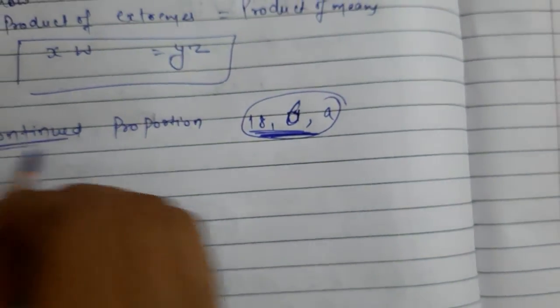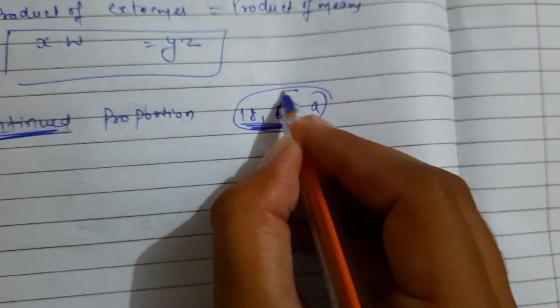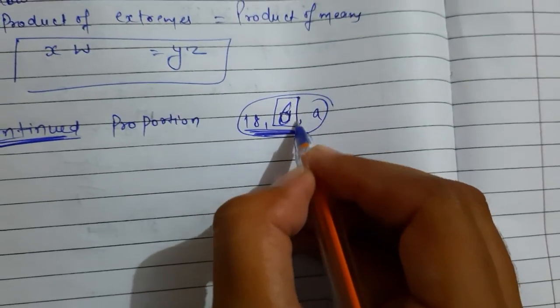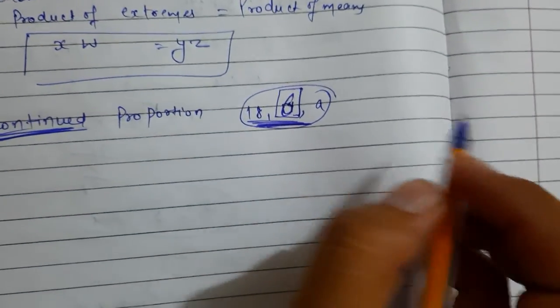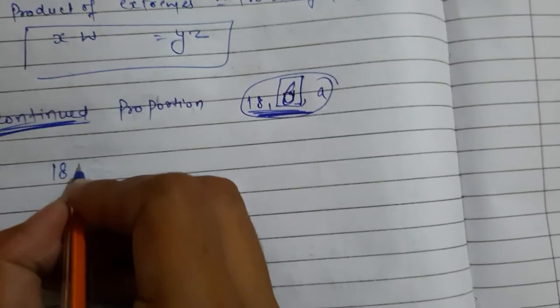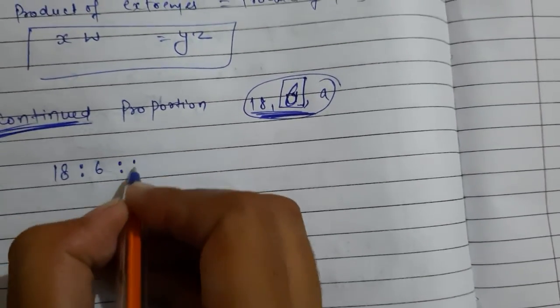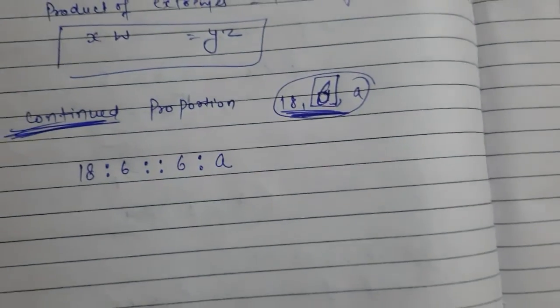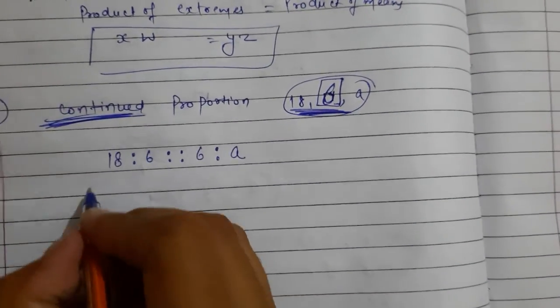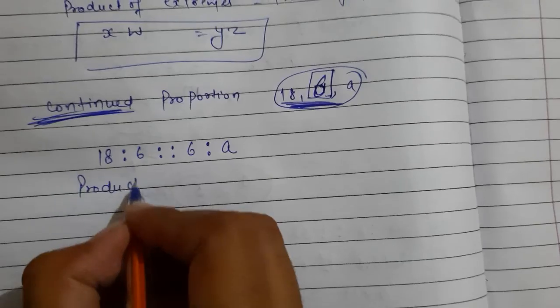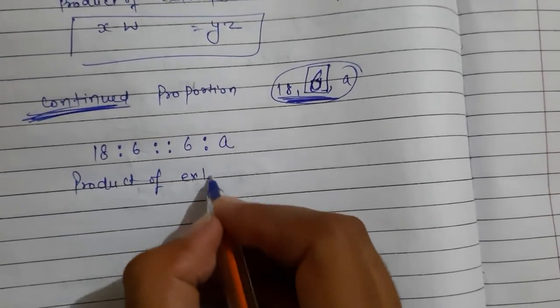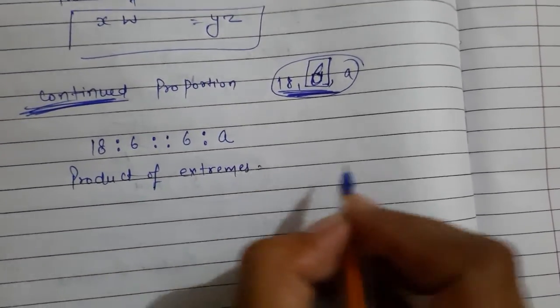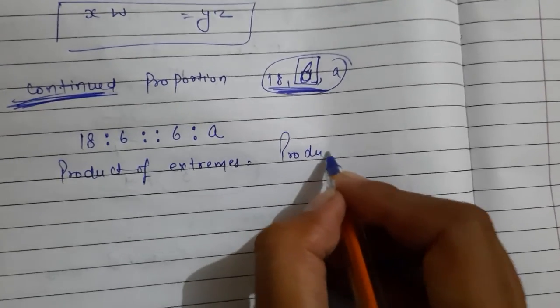When they write a continued proportion, it means the second term and the third term are the same. So we can write 18 ratio 6, this is the sign of proportion, then again 6, then A. Now you know that to find the value of A, product of extremes equals product of means.